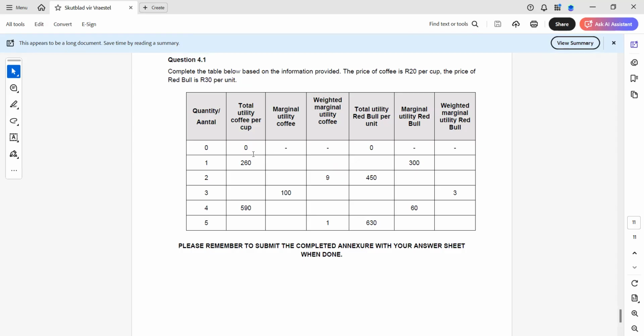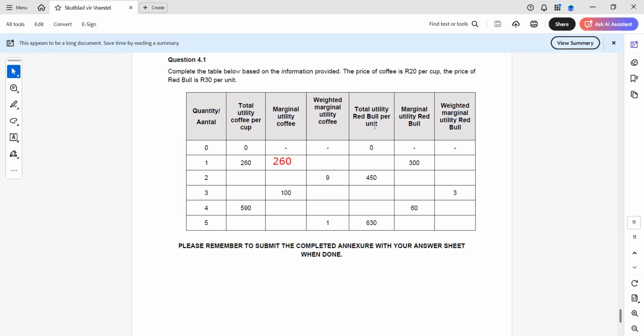Now to get this missing part here, remember to get marginal utility, we say 260 minus 0 to get this one, which is missing here. So 260 minus 0 is going to be what? 260. So here we have 260, right? And also on this side, we have marginal utility, we're given marginal utility, but we're not given total utility.